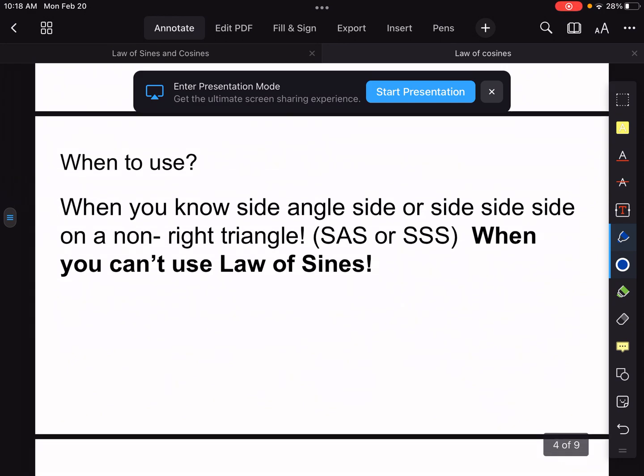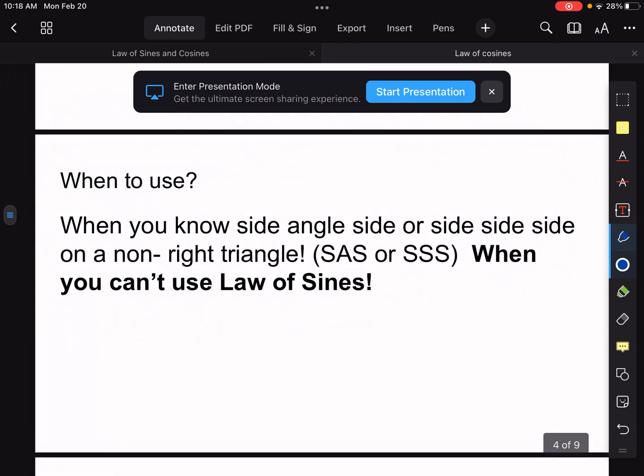When would you use the law of cosines? I have to start by telling you again that we are not working with right triangles. If you're working with a right triangle, you're just going to use straight trig, the SOHCAHTOA that you learned a couple lessons ago. Then I would always attempt to use the law of sines. If you can use the law of sines, use the law of sines.